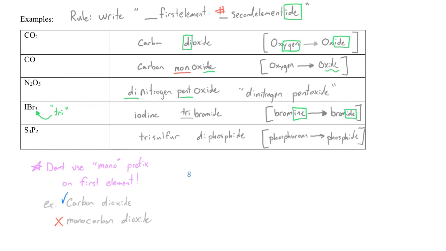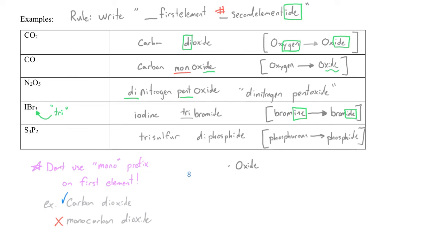Before we wrap up, let's just write down a few of the most common of the nonmetals that we see as a second element, and then I want to show you how their name is transformed from the regular element name like oxygen into the IDE suffix version of the name. So far we've already seen oxygen, which is transformed into oxide.